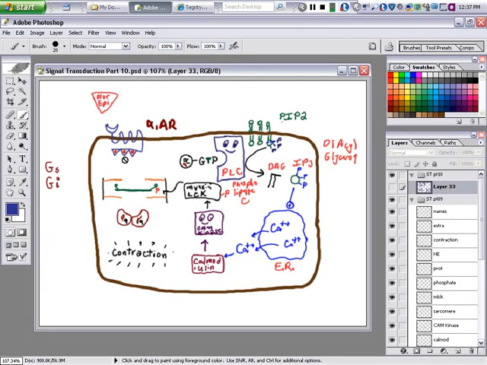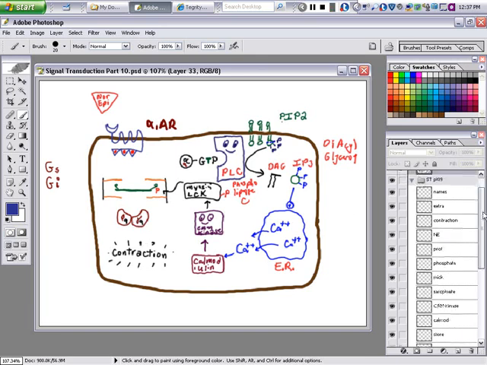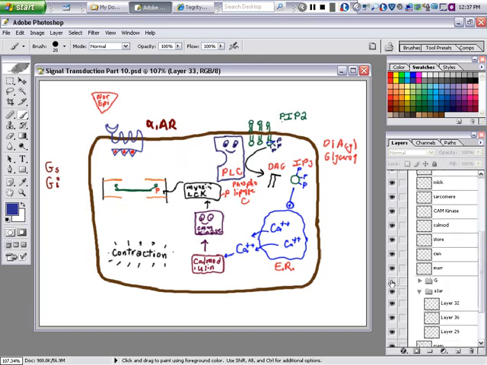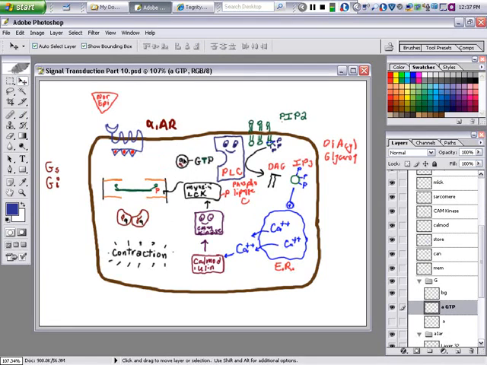When that receptor comes on, then GTP, the G-alpha stimulatory, G-alpha Q comes to the receptor, then G-alpha GTP activates phospholipase C.